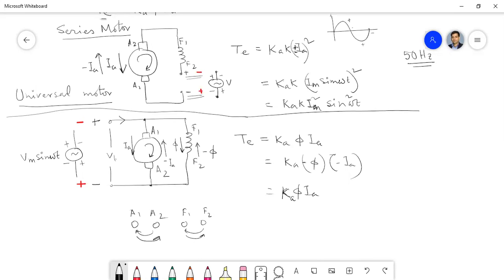But when we are applying an alternating voltage, then what will happen? Okay, so I think you won't be able to answer this. Anybody will try this?